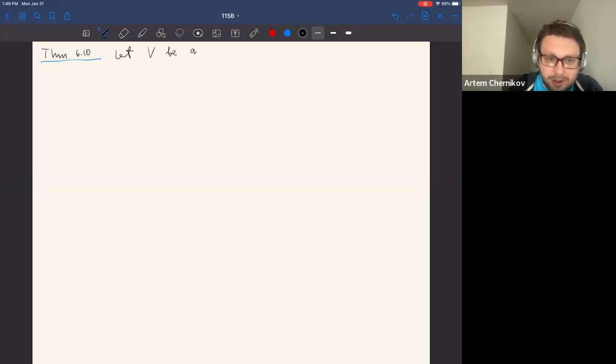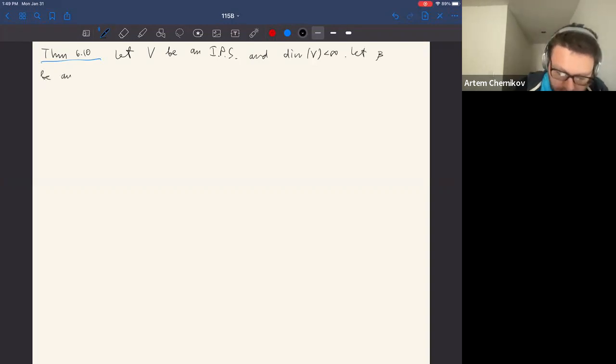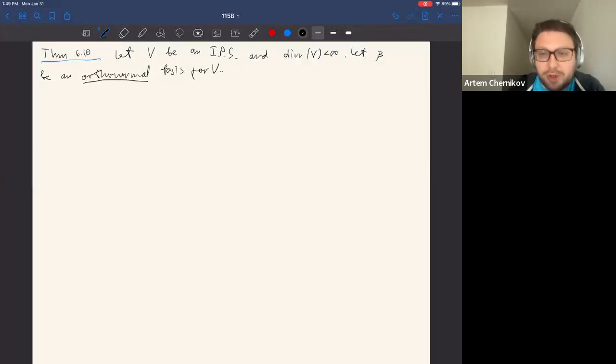So let V be an inner product space, and the dimension of V is finite. Let beta be an orthonormal basis for V. And here it's important that we take an orthonormal basis as opposed to just an arbitrary basis for this formula to hold that I'm about to write.